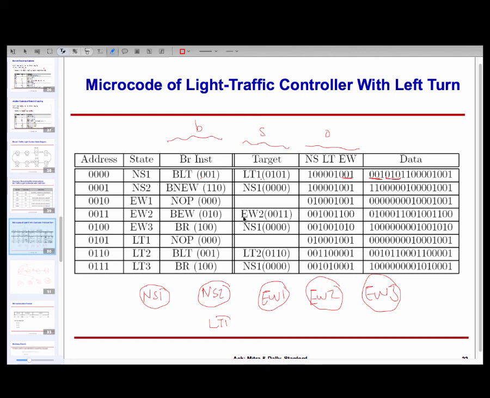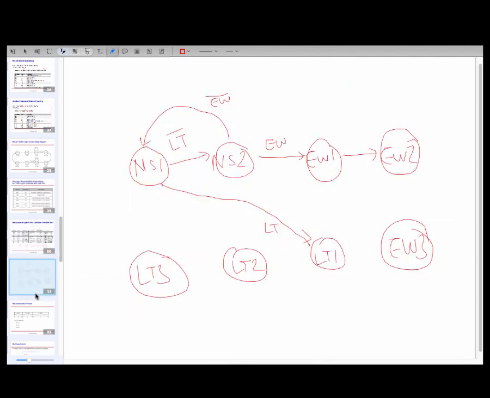So we are looping back, we are staying put. So what would the transition here look like? Self loop, what would I put here? EW. And if east-west is false, next state.